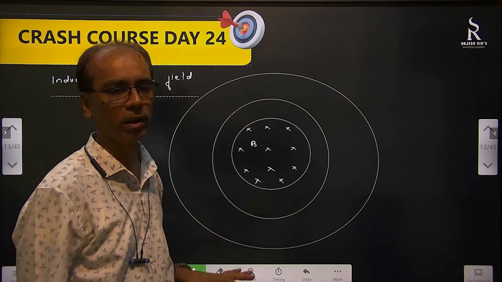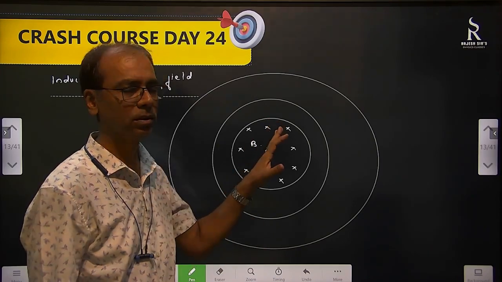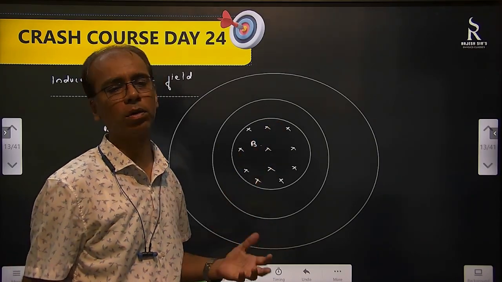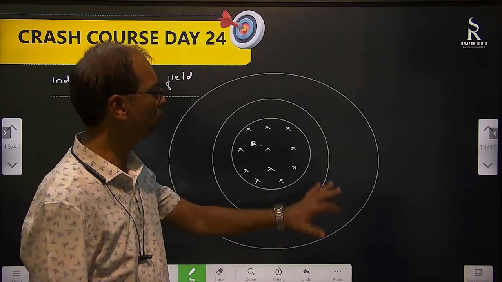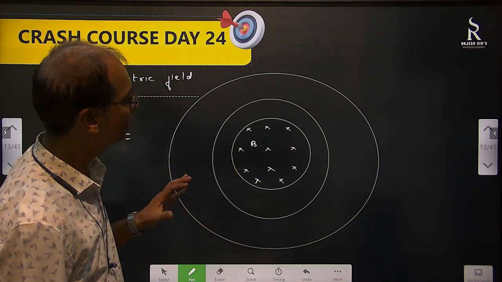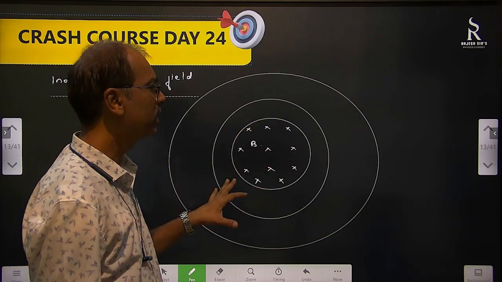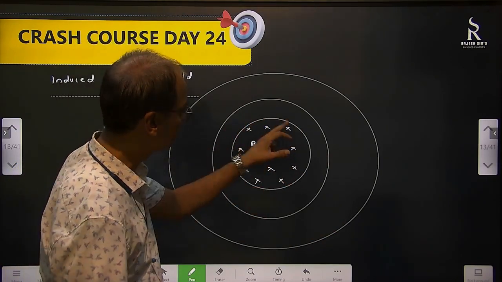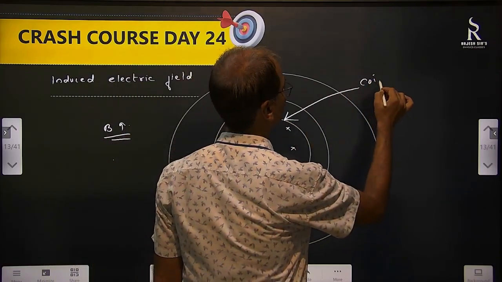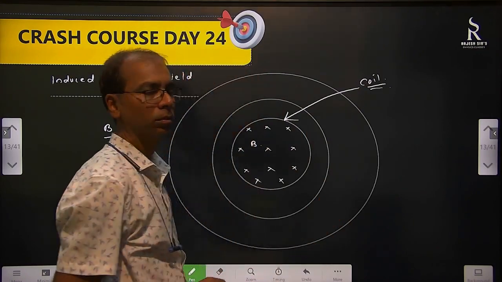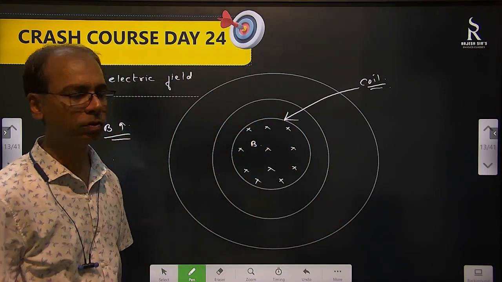These are loops we made. We can take them as a ring, or maybe hypothetical loops. Now the question is, if the magnetic field is changing over here, can I say that EMF will be induced in this coil, at least if I assume this is a coil or a ring? Because I can say that flux is changing through that. So EMF will be induced in that, no doubt.